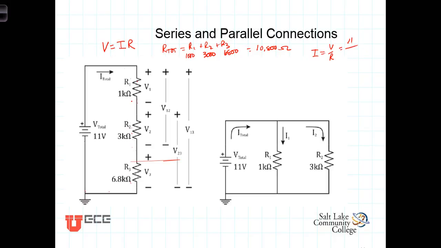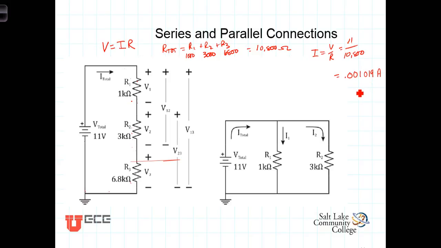Total resistance we've already calculated to be 10,800, and the current that we would then expect to flow through that would be the quotient of those two, or 0.001019 amps.